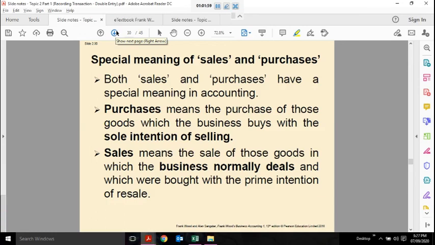So sales is only regarding your main product. But you may also sell other things, let's say you sell your assets. Then you don't use the sales account. When you record sales and purchases, it's only related to your main product or services. It's not selling or buying your assets. You should not write those as sales and purchases, only the ones related to your main product.